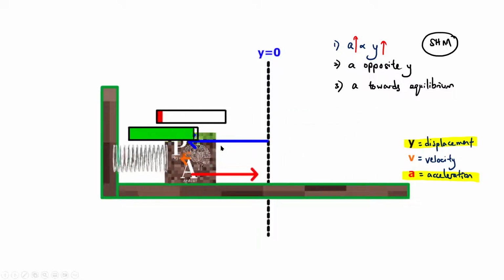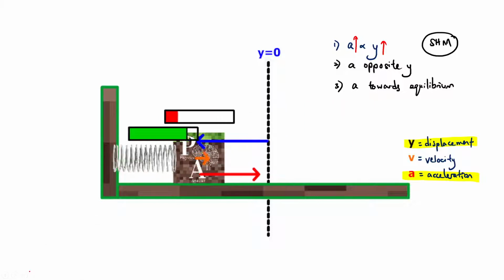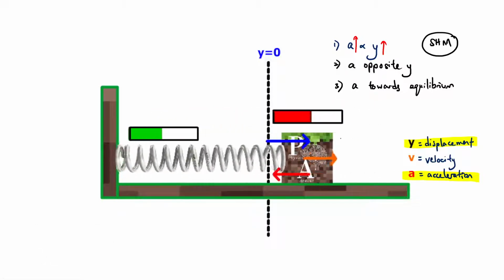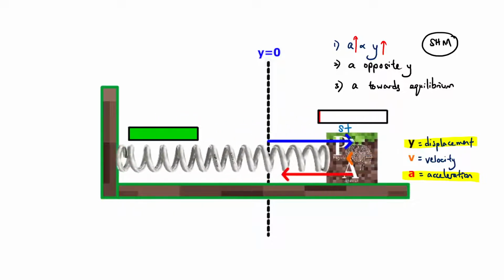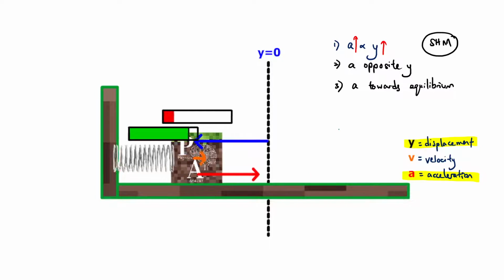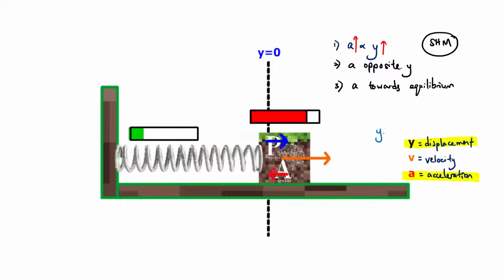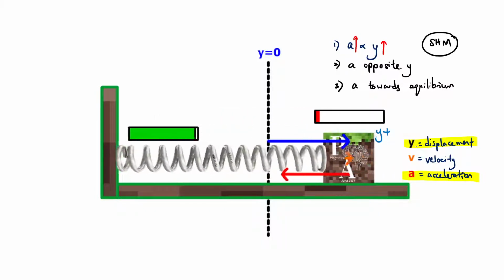If the block is at the right hand side of the equilibrium, displacement is positive.